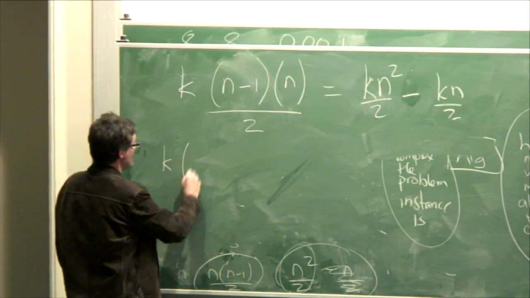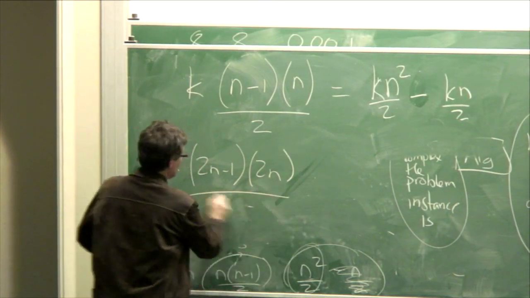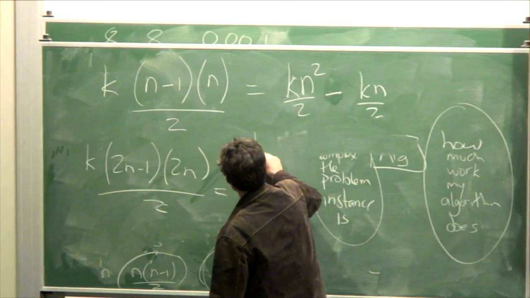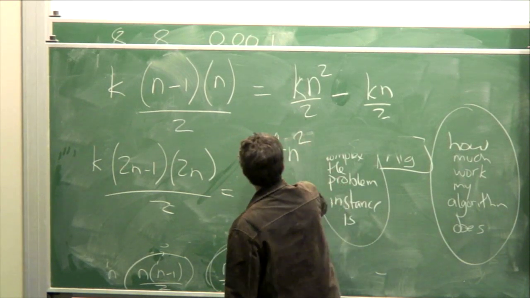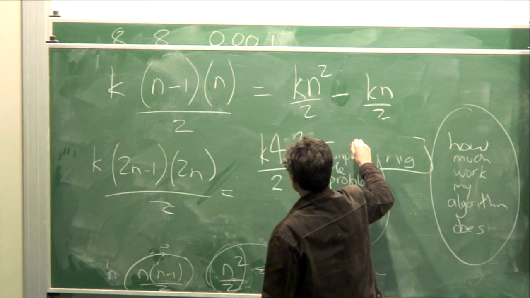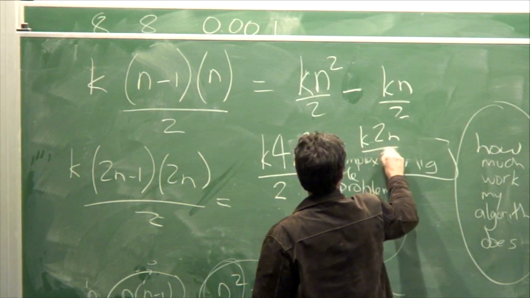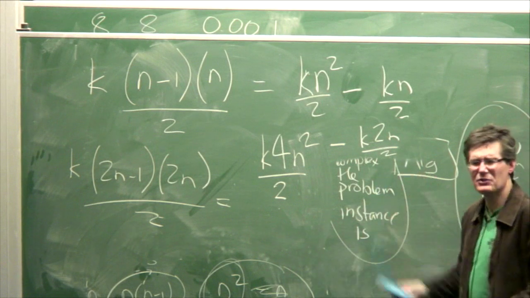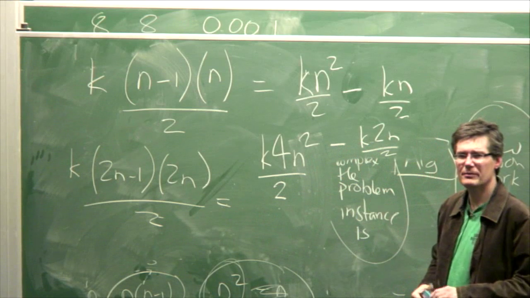Well, you're going to have to do k times 2n minus 1 times 2n divided by 2, which is equal to k times 4n squared divided by 2 minus k times 2n divided by 2. Now, if n is really big, what's the relationship between this term and this term?